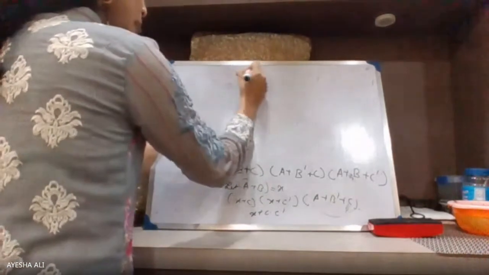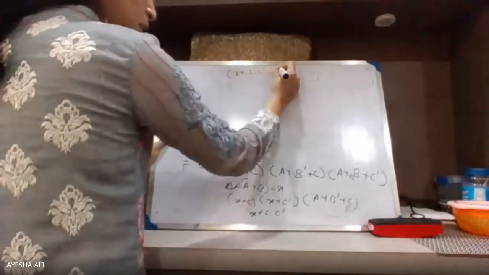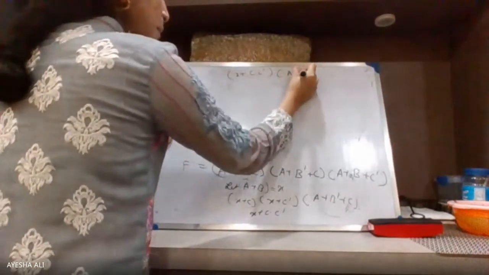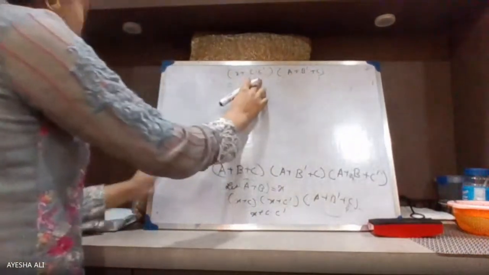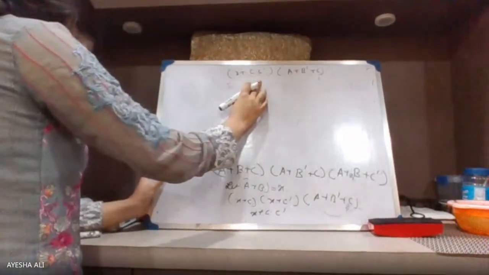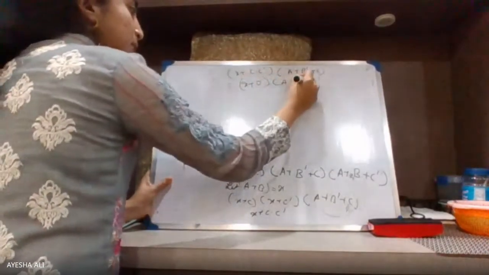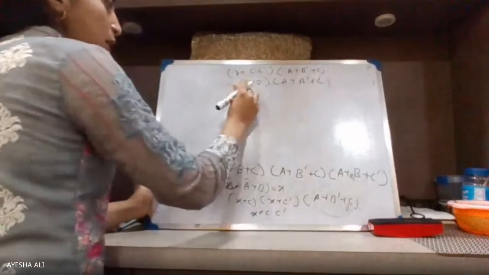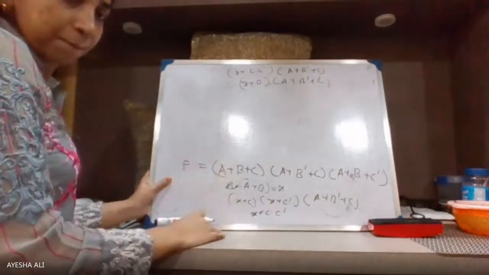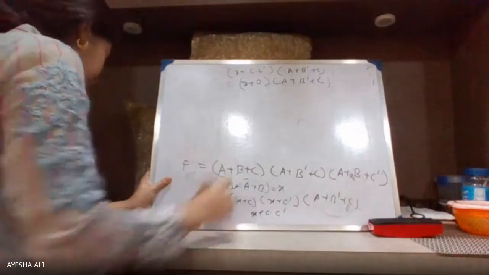C into C complement becomes 0. So X plus 0, X plus 0 is X.